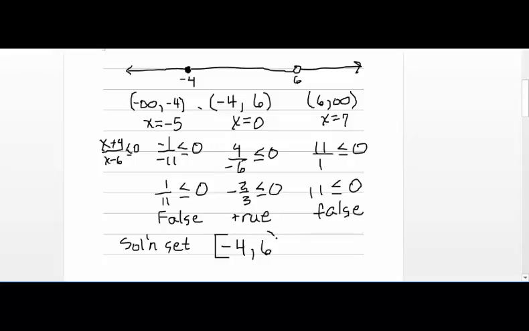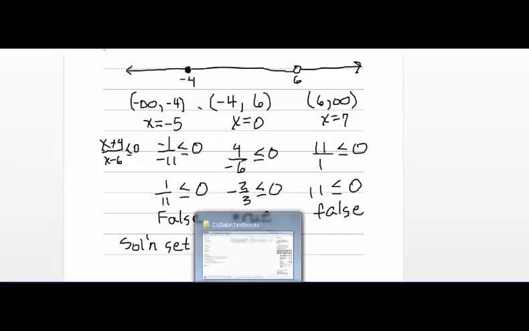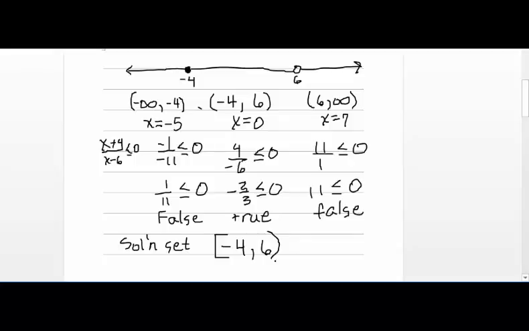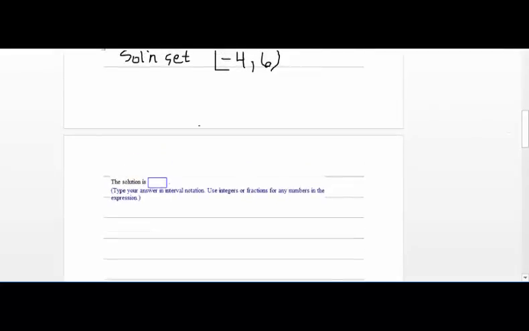And 6 is not in the solution set because 6 makes the expression undefined. So that's what our solution set is, and that's how we would solve that problem. In this box, we would be putting this interval.